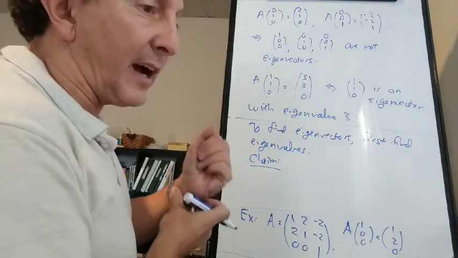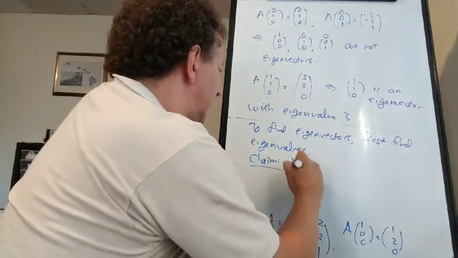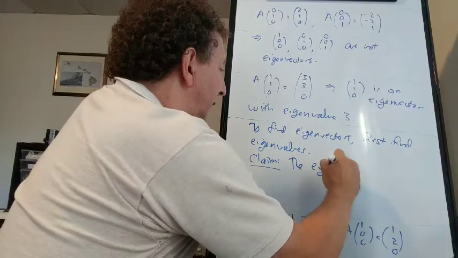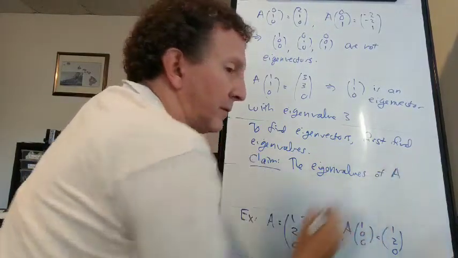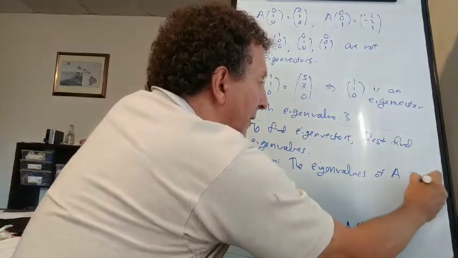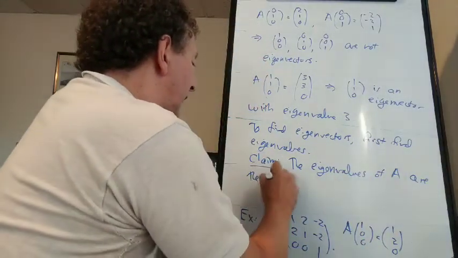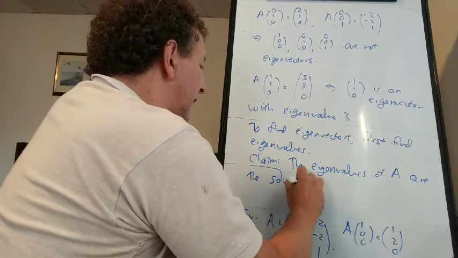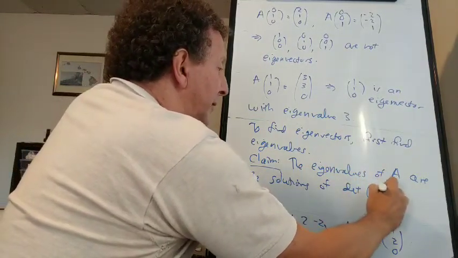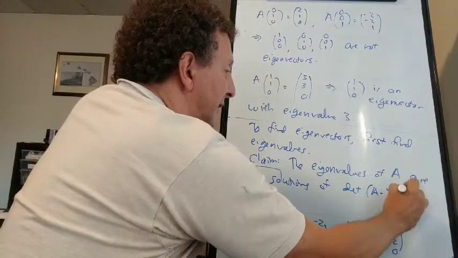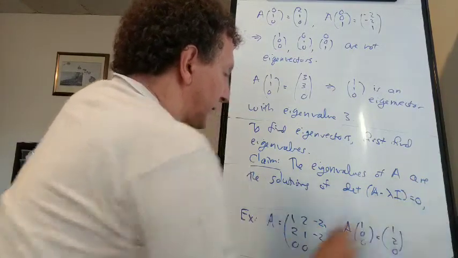And I claim that the eigenvalues of A are the solutions of determinant of A minus lambda I equals 0.